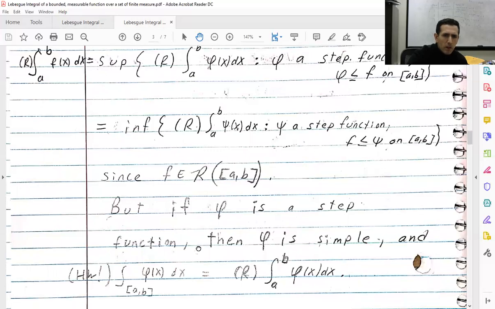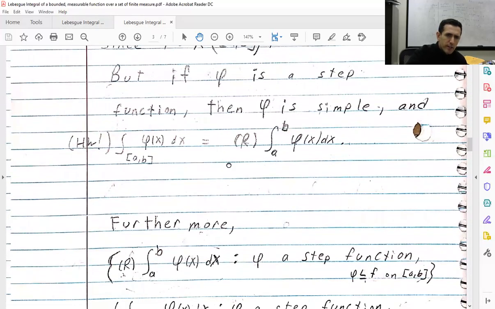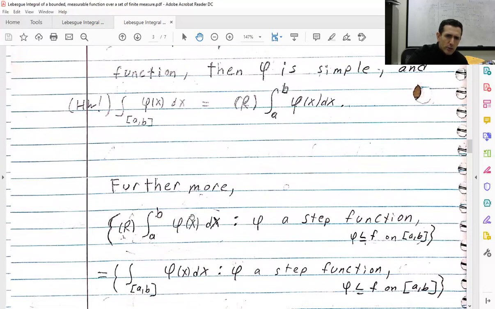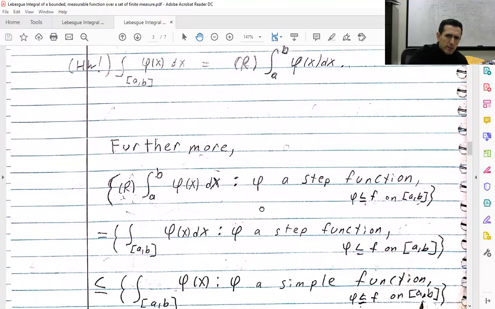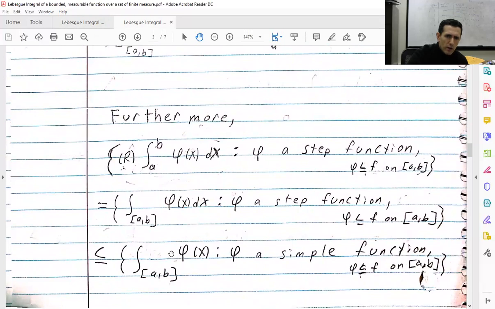All right, let's put that to good use. So what that means is that these two sets of real numbers are equal because these two integrals are equal for step functions. Well, every step function is a simple function.